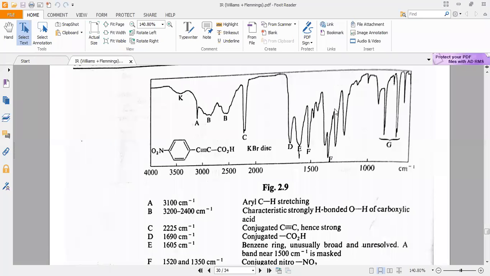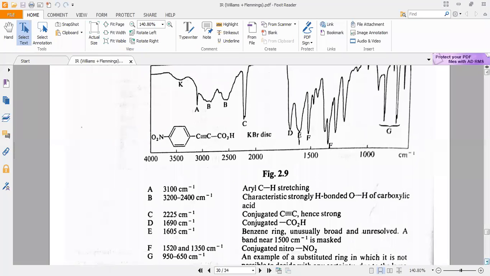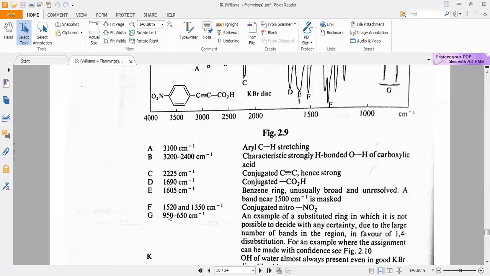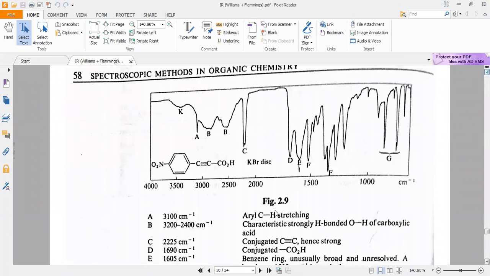All these are basically the fingerprint region. So F and G, if you look at here, all of these groups are in the fingerprint region: carbon carbon single bond, carbon oxygen, carbon nitrogen, all appear in this region.